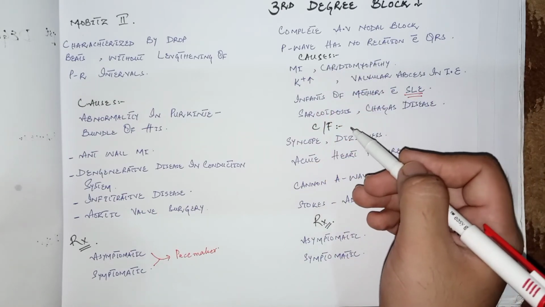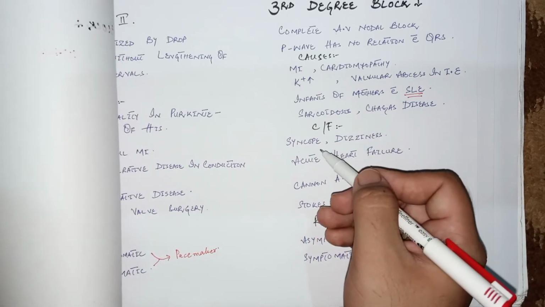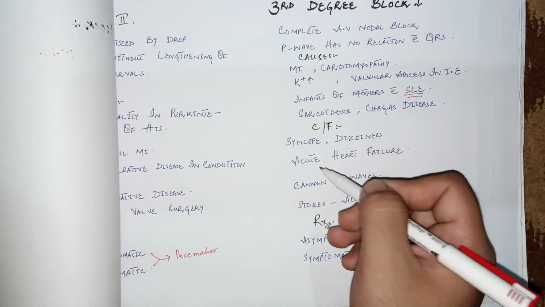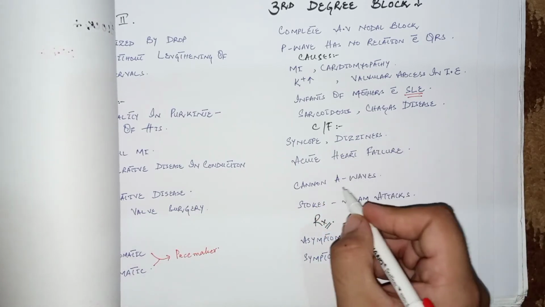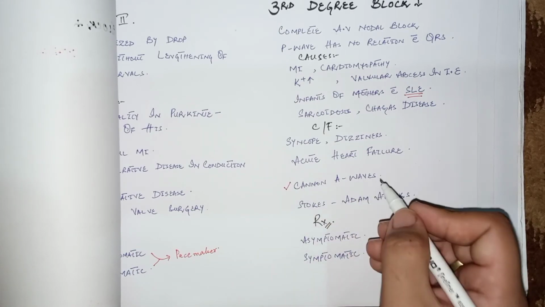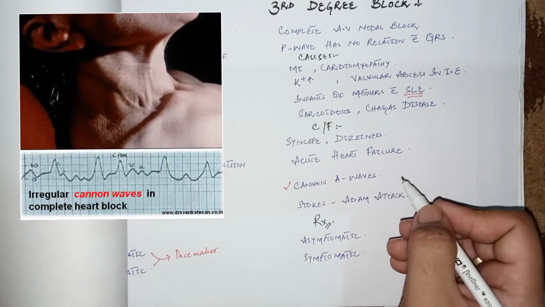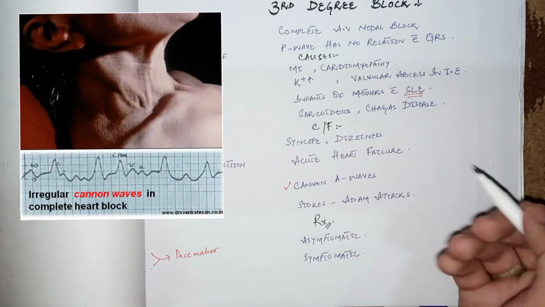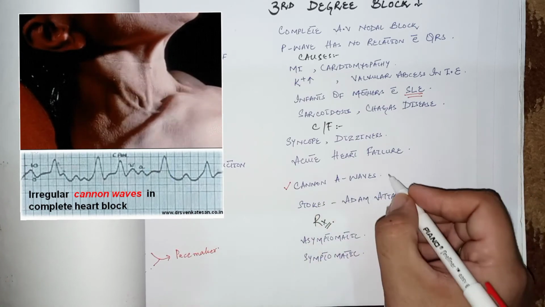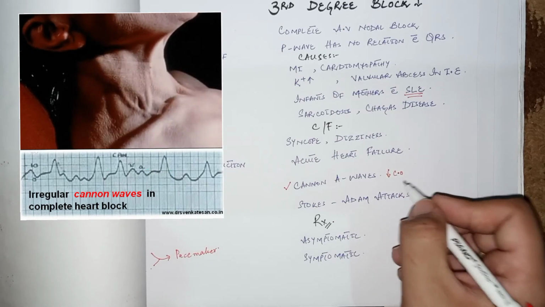Now come to the clinical features of the third degree AV nodal block, which include syncope due to reduced cardiac output because of ventricular asystole, dizziness, acute heart failure, and cannon A waves. This feature is very important. These are basically the waves visible in the neck due to large volume pulse, from the compensatory increase in the stroke volume, because in the third degree AV nodal block, there is reduced cardiac output due to asystole and there is decreased perfusion to the organs.